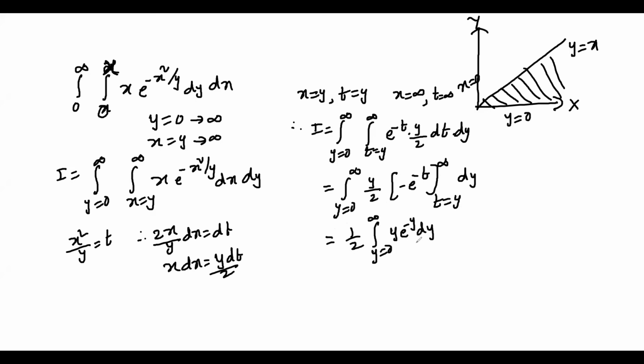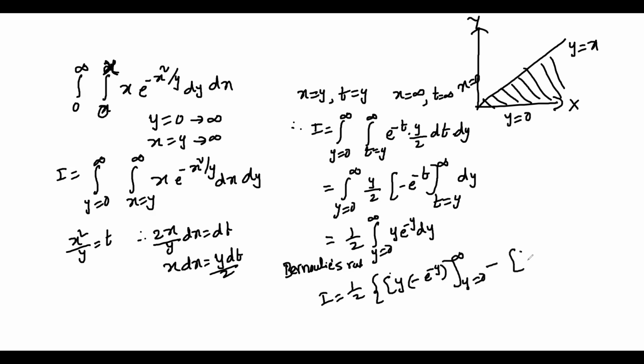Now here the most important, as you know Bernoulli's rule, in that I is equal to 1 by 2, here y of minus e power minus y, y is equal to 0 to infinity, minus 1 into e power minus y, y is equal to 0 to infinity.